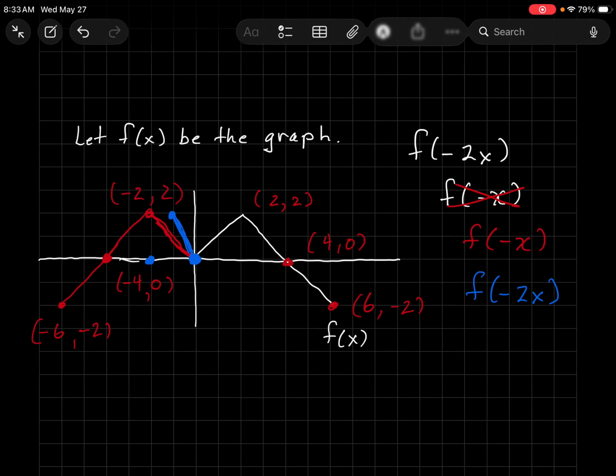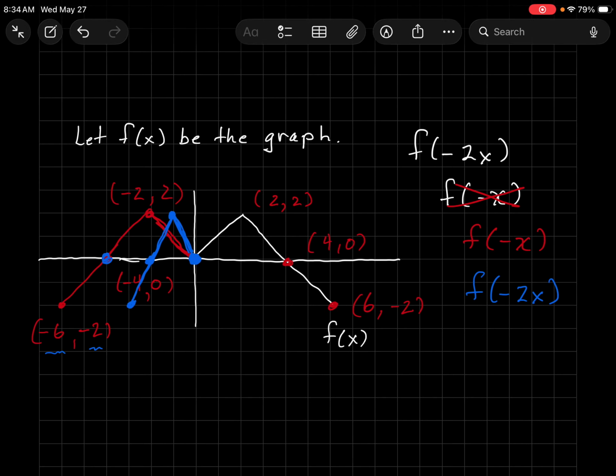And then we get to the next x value, that is, instead of negative 4 being our x, we get there twice as quickly, that is negative 2, 0. And our final one, we have the same y value of negative 2, but instead of taking a full negative 6 on the x, we get to the x's twice as quickly. That is, it only takes us negative 3 to get out there. And so our blue graph is f of negative 2x.